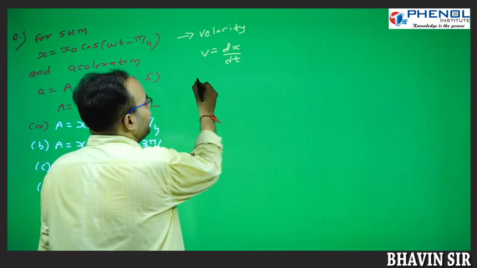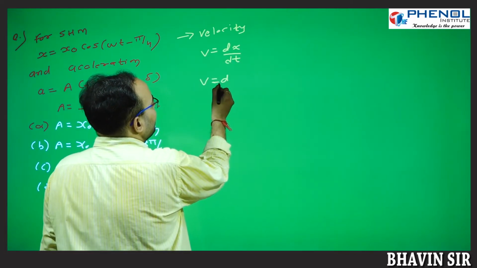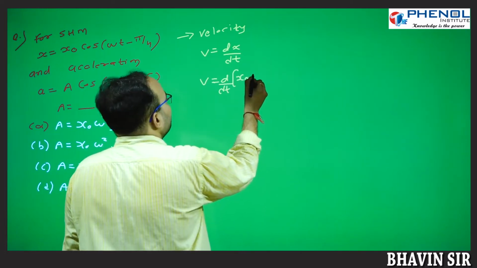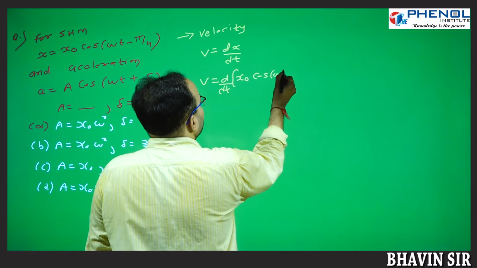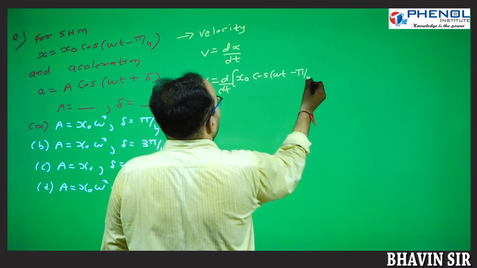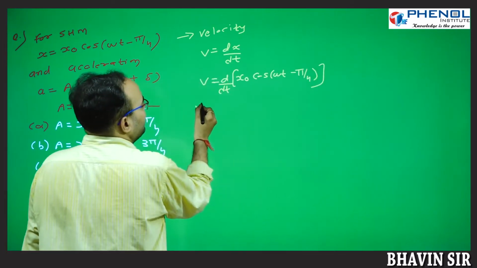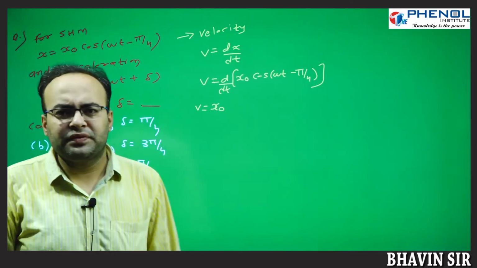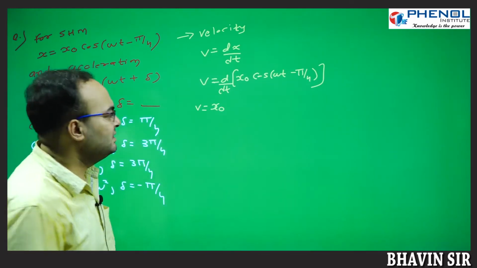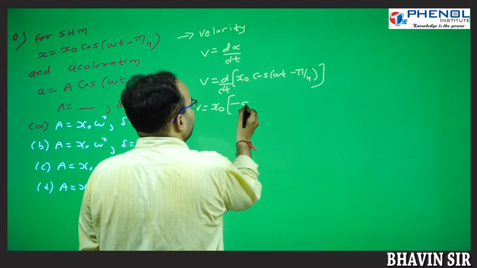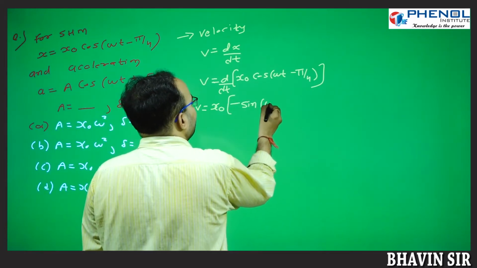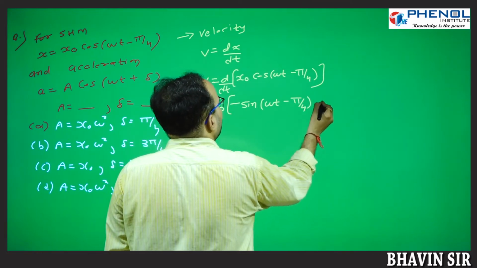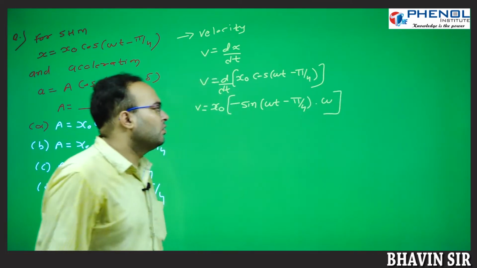So what is x, students? x is x naught cos omega t minus pi by 4. So x naught, what is the differentiation of cos? Minus sine. So here we write minus sine omega t minus pi by 4, into omega.